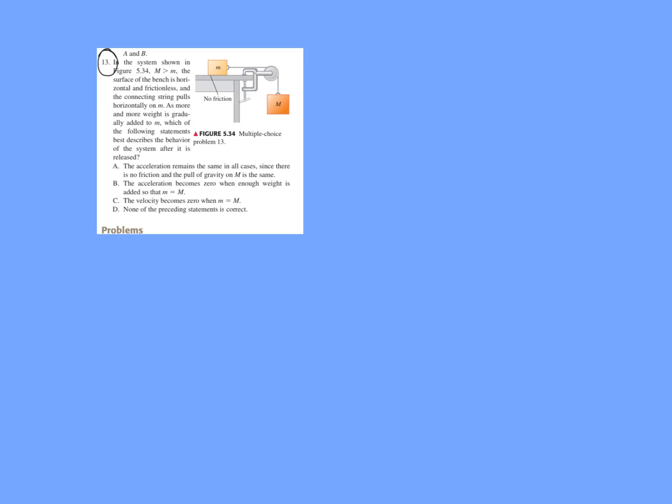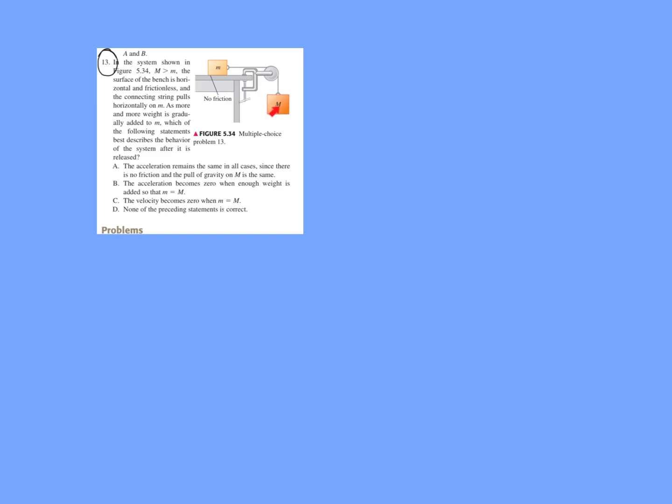read the problem. As more and more mass is added on little m, so you increase the mass m, maybe you start with 10 kilograms, 1 kilogram. You maintain fixed the 10 kilograms, so you add 1 kilogram more, so it's 2 kilograms.